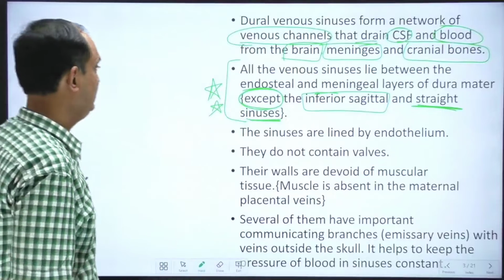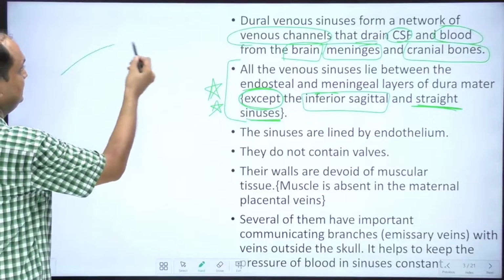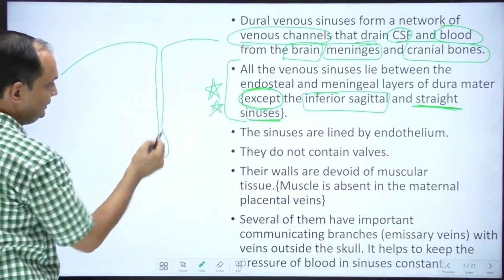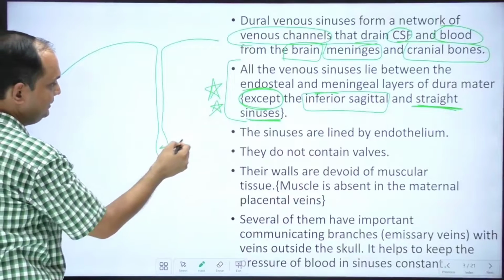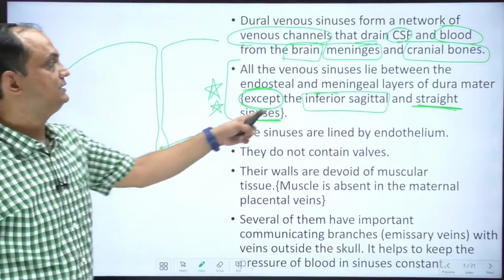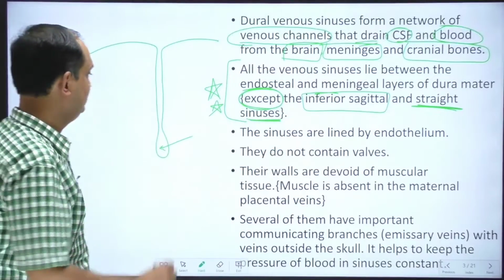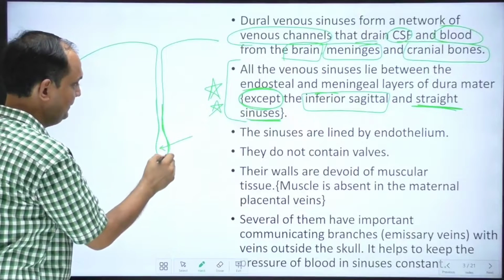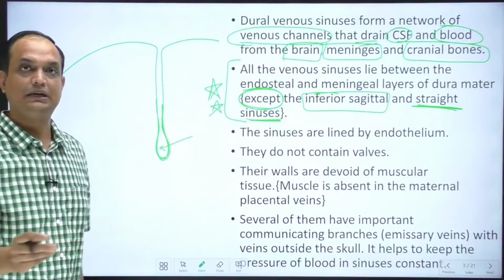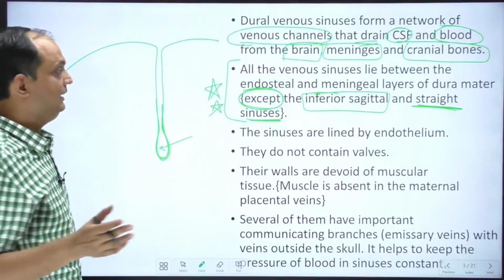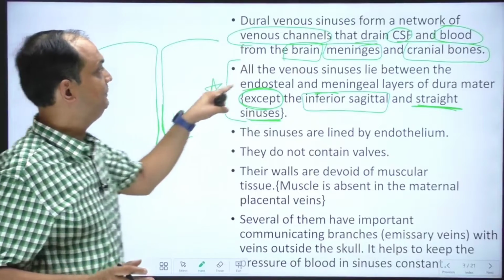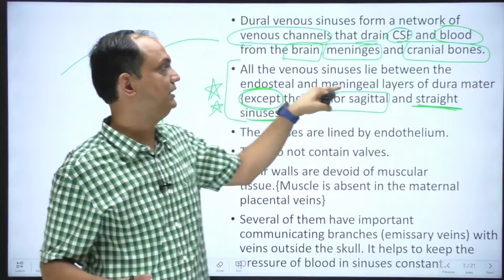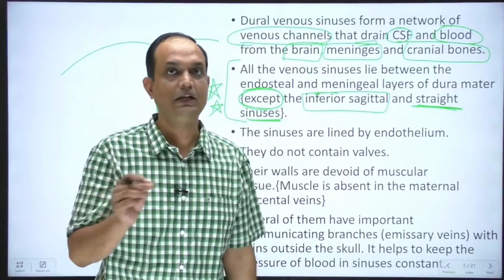Why are they exceptions? Because when you see the section of this falx cerebri, at the lower end of the falx cerebri you have the inferior sagittal sinus, and this fold is purely made up of meningeal dura mater. That's why it does not have the placement like the other sinuses between the endosteal and meningeal dura. Clear?